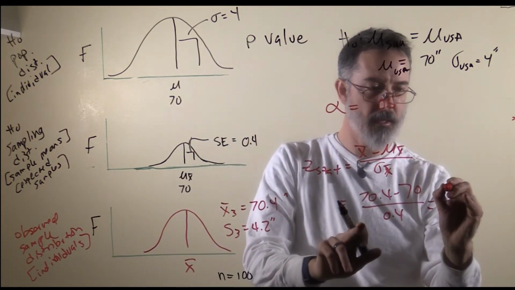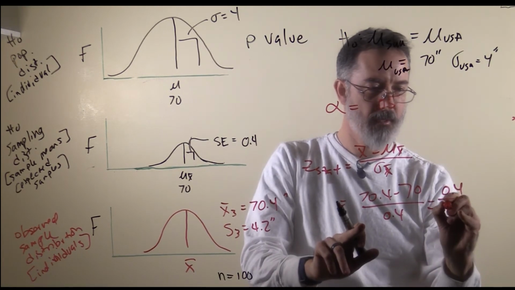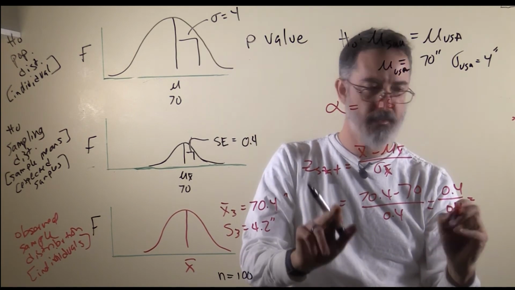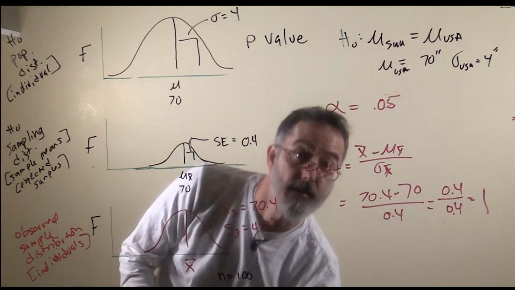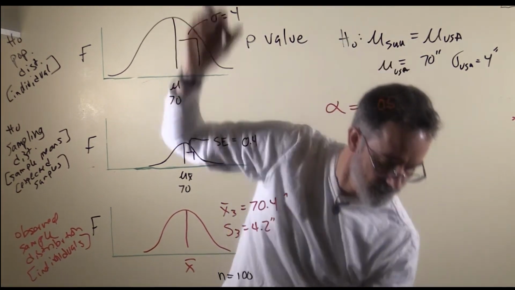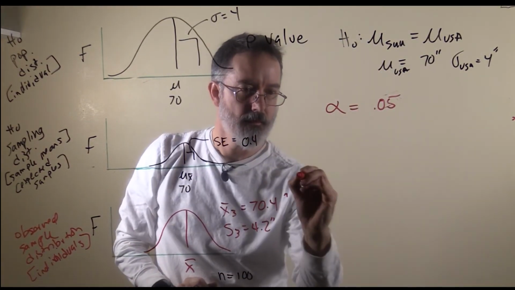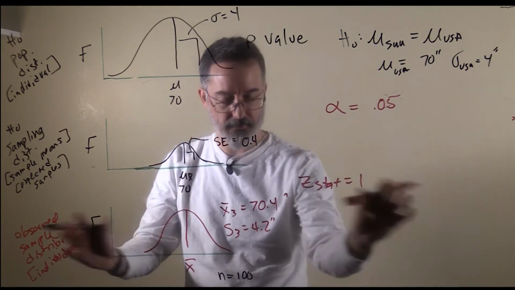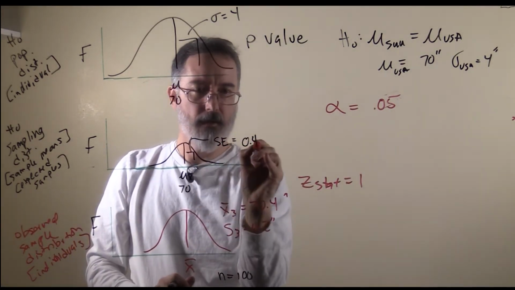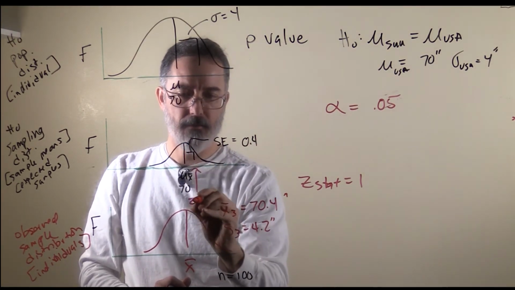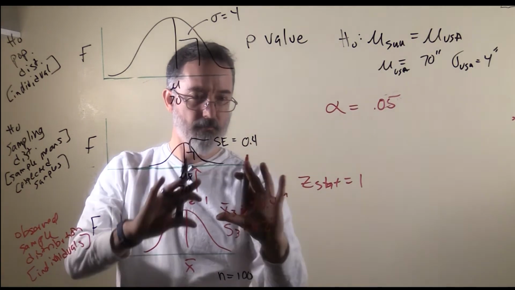So now we have on top 0.4 and on the bottom 0.4, so our z statistic is 1 this time. So for a z statistic of 1, remember that's a z-score of 1 on this distribution. So it's going to be right where this is. Z equals 1.